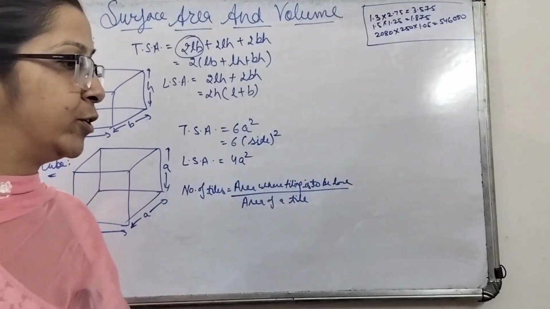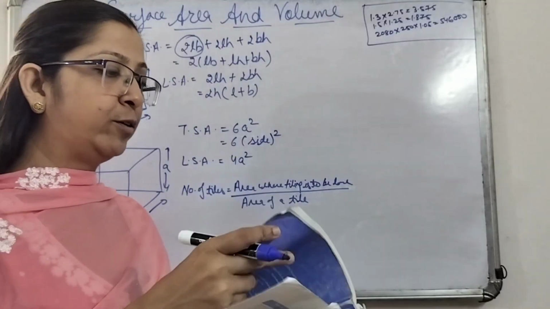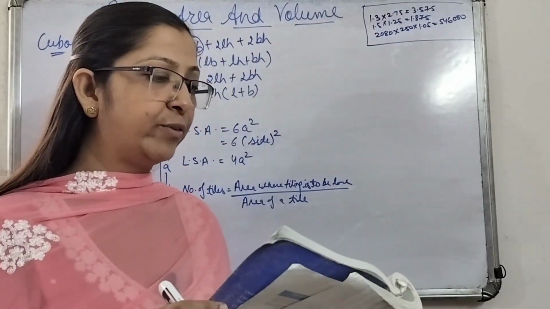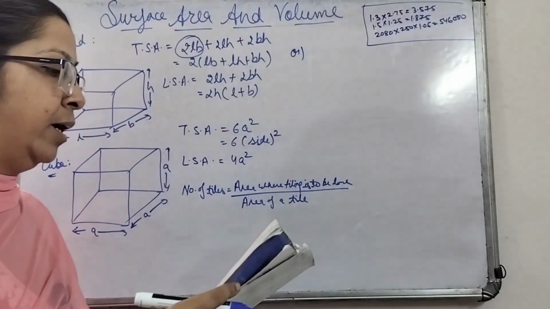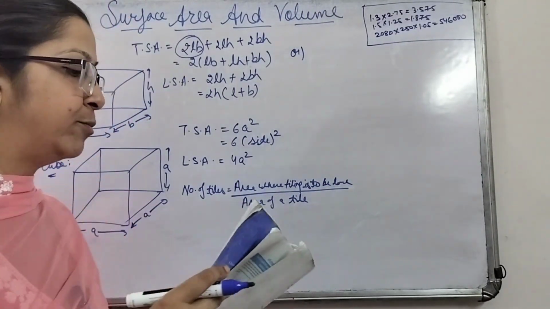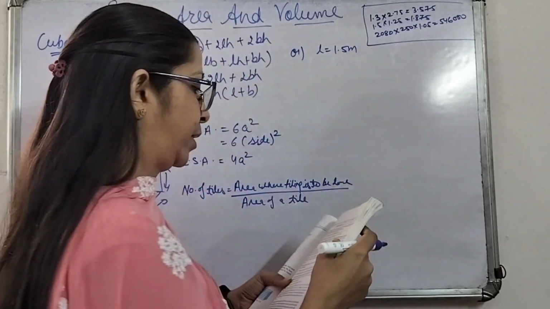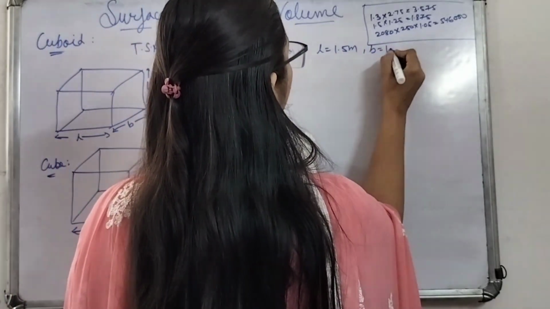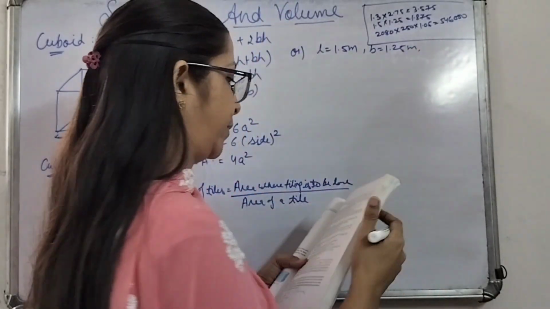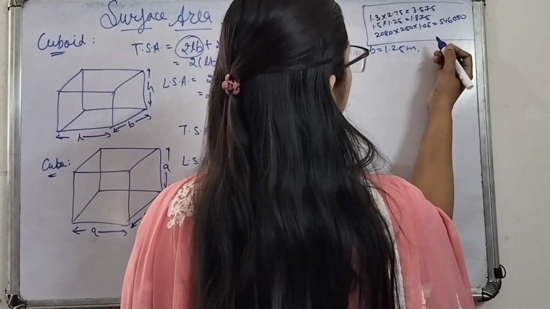Now let's see some of the questions from your exercise 13.1. Say we consider the first question. Question number 1. A plastic box 1.5 meter long, so length is 1.5 meter, 1.25 meter wide, so B is 1.25 meter, and 65 centimeter deep, which means height only.